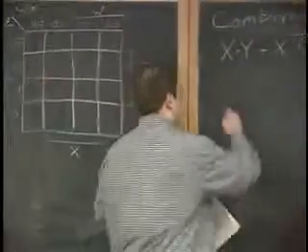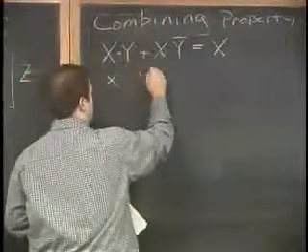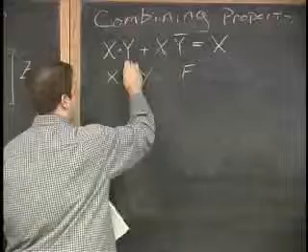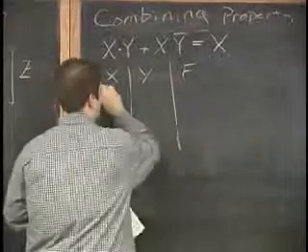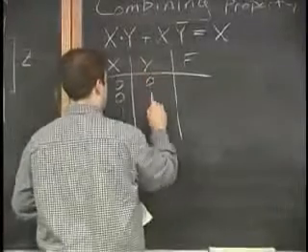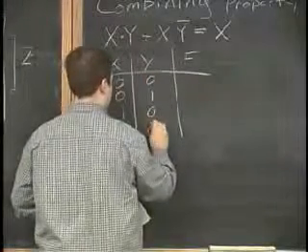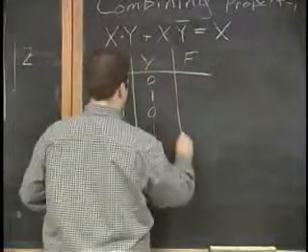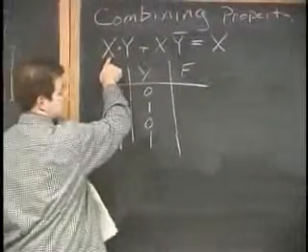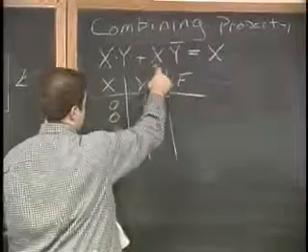So if we draw, we'll call this function f. Okay, so we see what happens if x is 0. Well, then this term is 0 because x is 0. This term is 0 because x is 0.